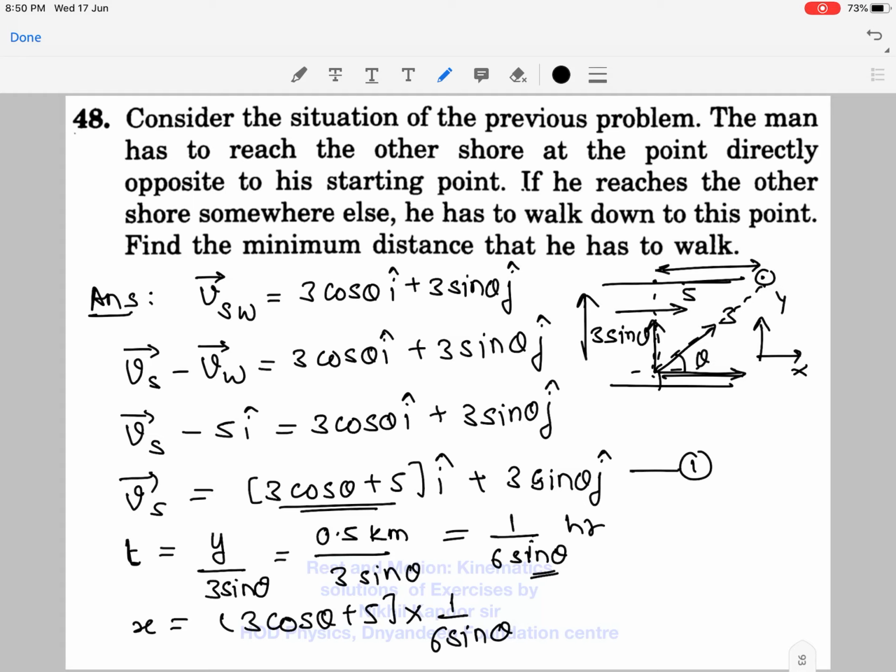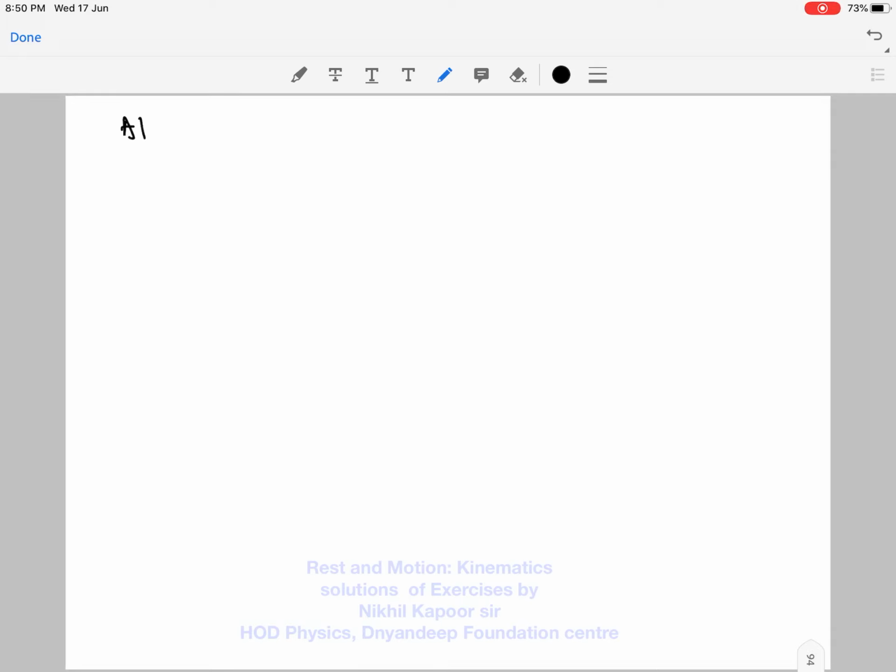And what is asked here, the condition is we need to find the minimum distance. So first of all we have to check at what value of theta x is minimum.